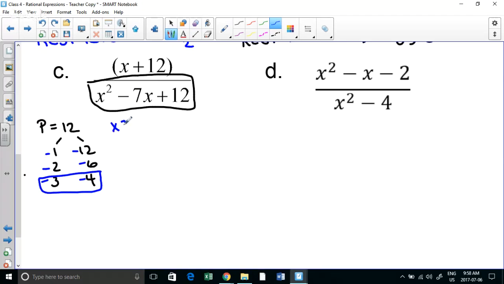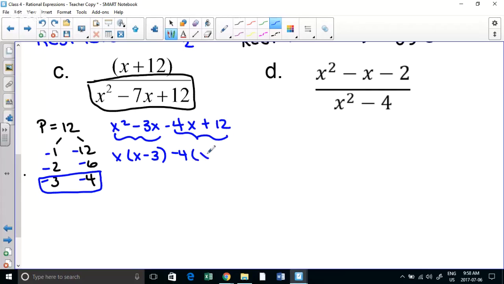So x squared minus 3x minus 4x plus 12. I regroup: x, x minus 3. Here I could take out a negative 4, and I regroup. Meaning these are the factors I have that set the bottom of the equation equal to 0.